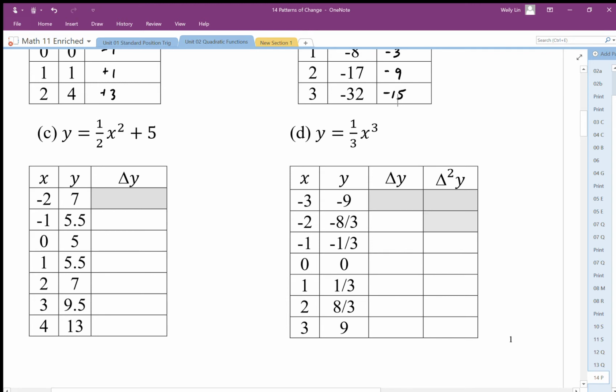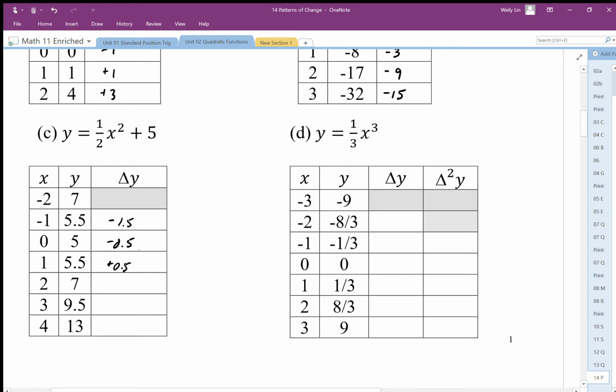Looking at the next one here, this is the quadratic function, which creates these values here. If we take a look at the changes in y, 5.5 minus 7 is going to be negative 1.5. 5 minus 5.5 is going to be negative 0.5. 5.5 minus 5 is going to be positive 0.5.